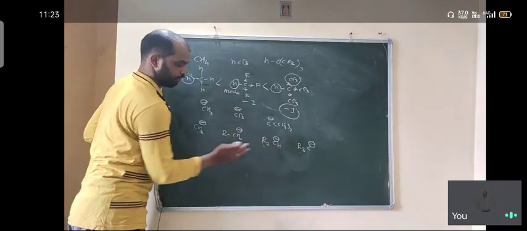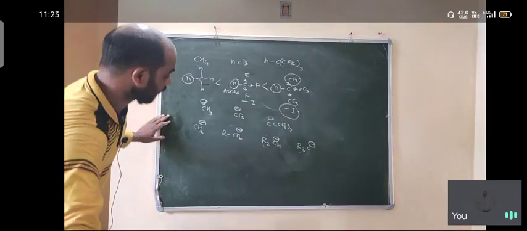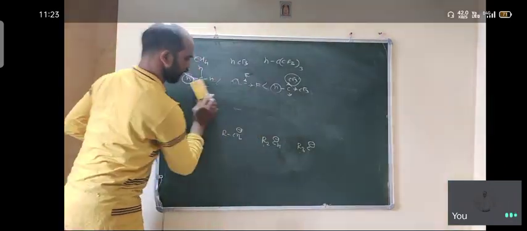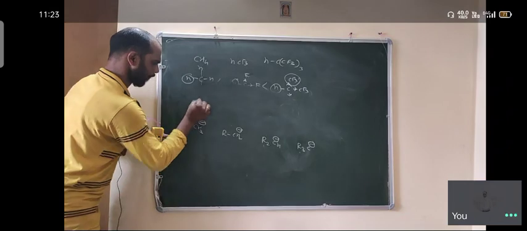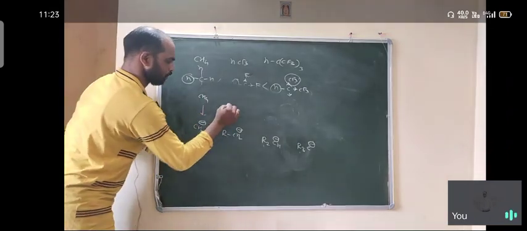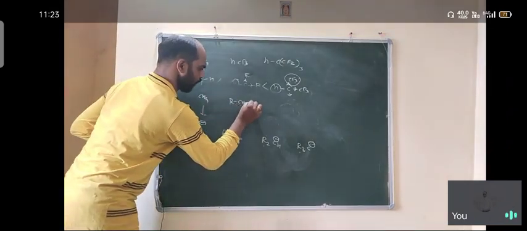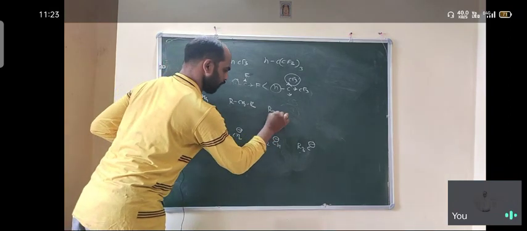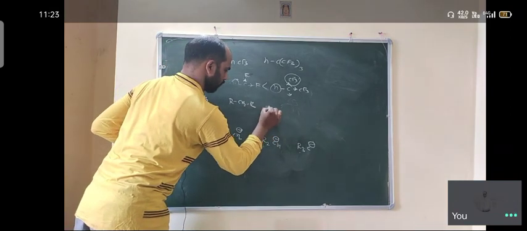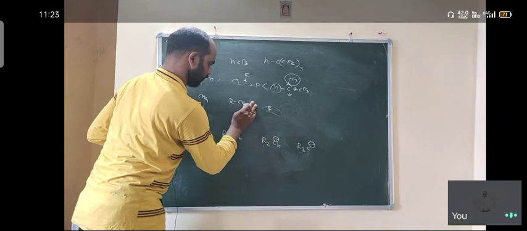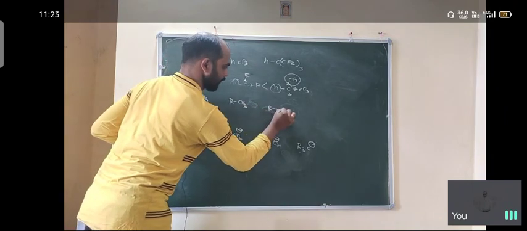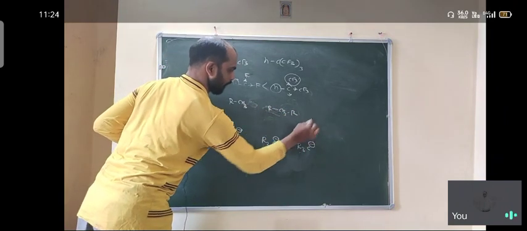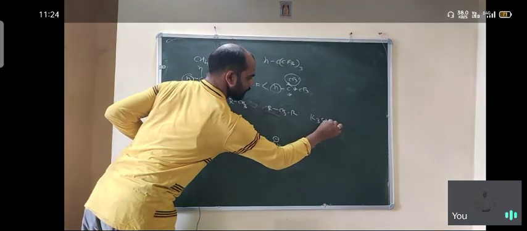When this carbanion forms, you can easily understand where they come from. This one comes from CH4, this one from CH3R, this one from R2CH2, and this one from R3CH.